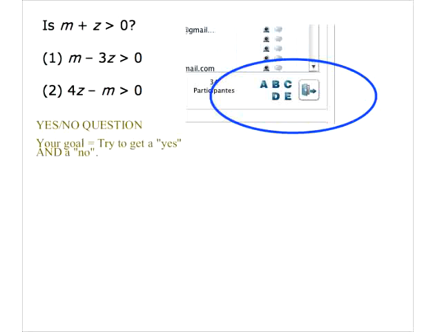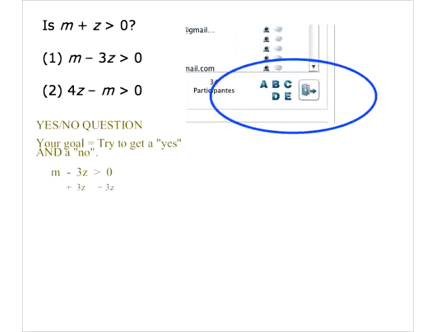So with statement 1, m minus 3z is greater than 0. One way to handle this is to add 3z to both sides. You don't have to do this, but having a difference greater than 0 is not as straightforward as when you move the other object over the other side. So plus 3z on both parts.